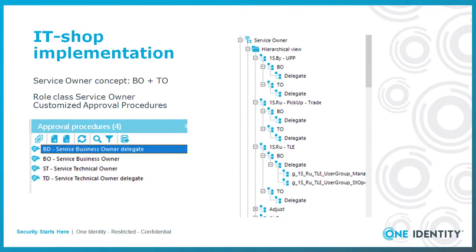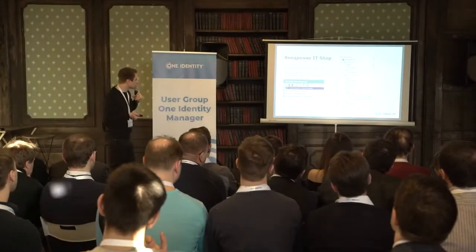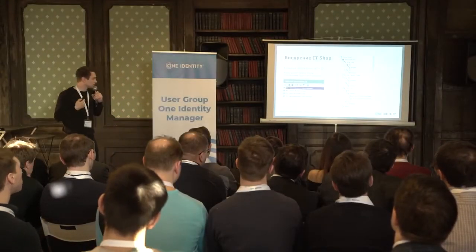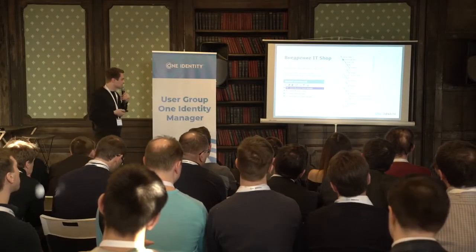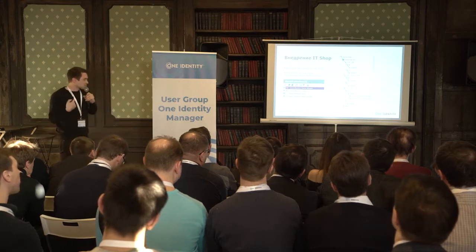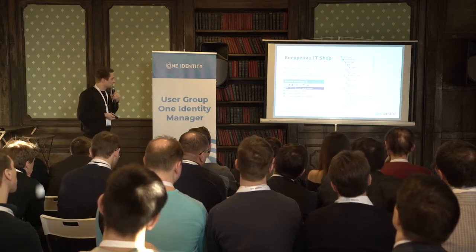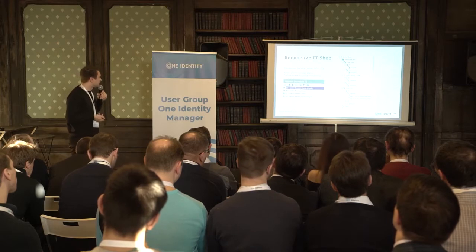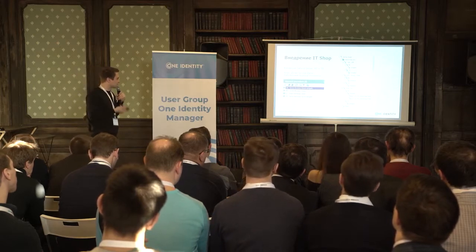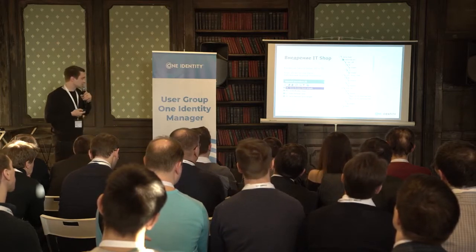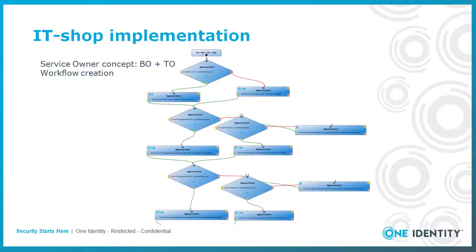We call it service owner, and that's what we are going to describe for all systems, for business owners, delegated, and the technical ones. And to support this solution in their workflow, we added a number of approval workflows to satisfy this new additions to the database.